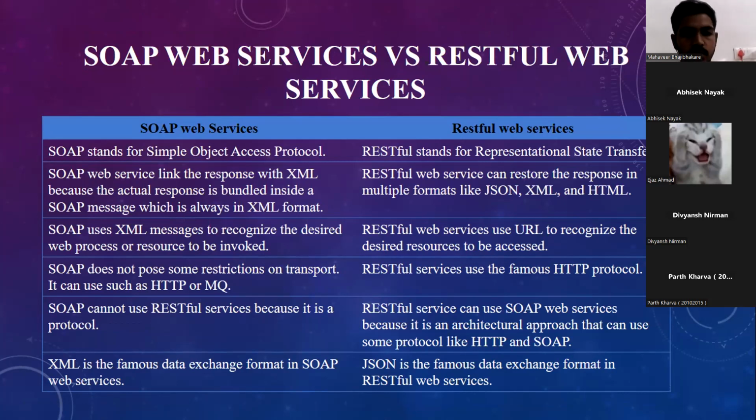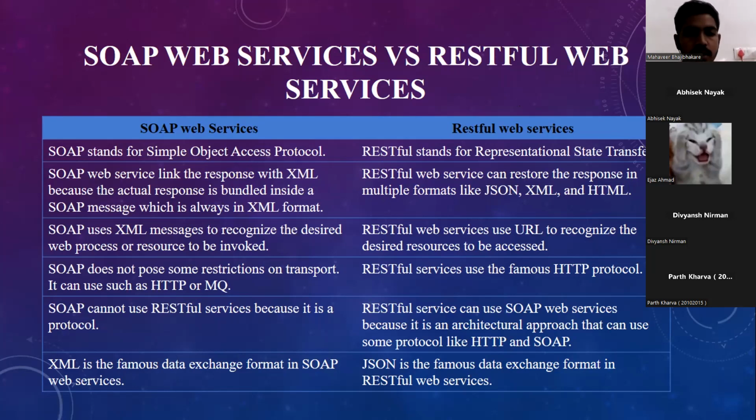In SOAP, the response is always in XML, because the actual response is bundled inside a SOAP message, which is always in XML format. Compared with this, RESTful web services can use multiple formats like JSON, XML, and HTML.